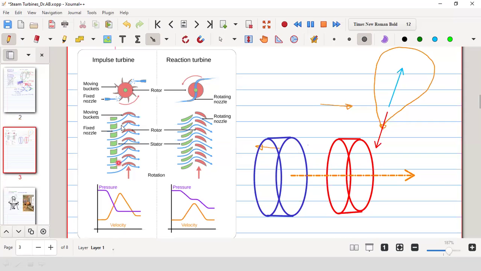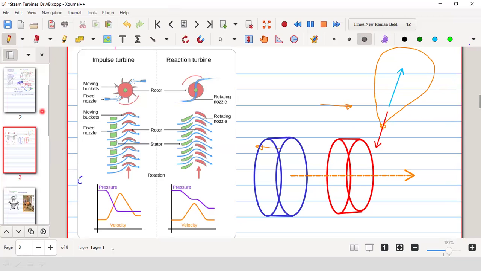Now, what is the function of a nozzle? Steam is coming from the steam generator and collected at the steam chest.